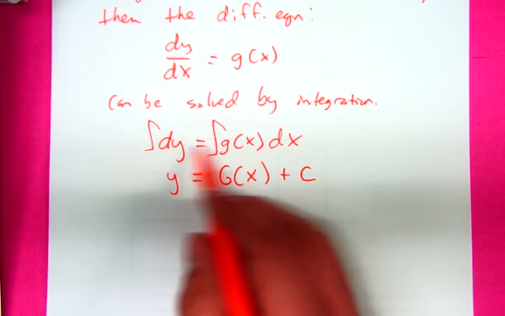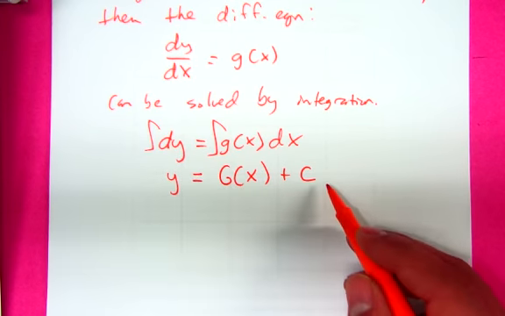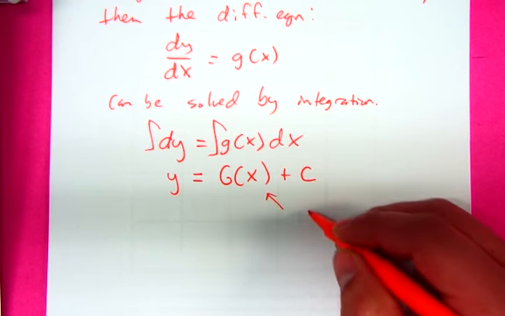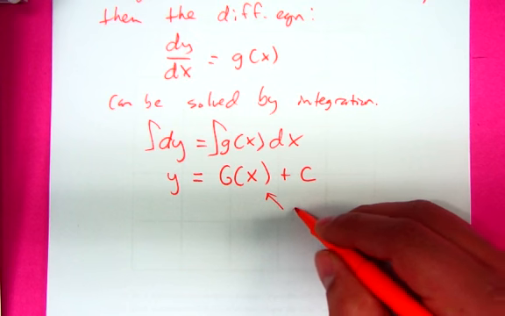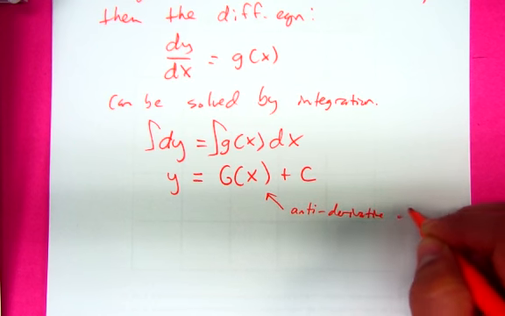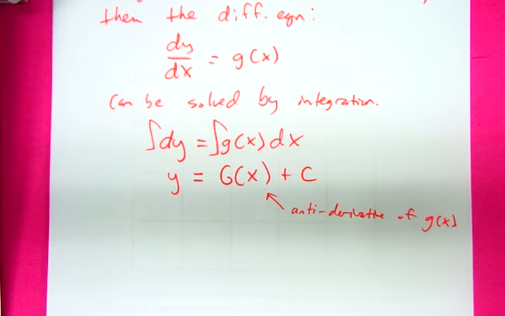There's a constant on both sides, obviously, but we just need it in one spot, because we can combine the constants. Okay? And clearly here, capital G of x is the antiderivative of little g of x.